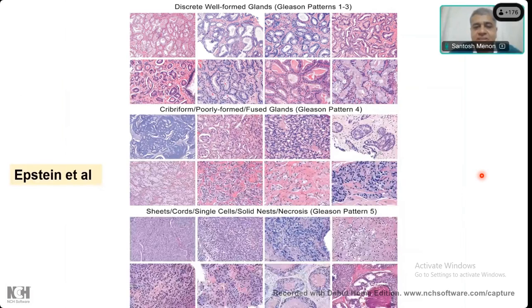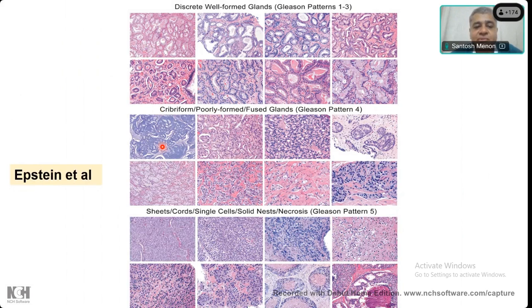This is a picture from one of the articles of Epstein. This is how all pattern 3 can look. In all these pictures in the above panel, each of the glands is very sharply demarcated, and you can draw a line around each of them. As long as they are separated from each other, they belong to pattern 3.